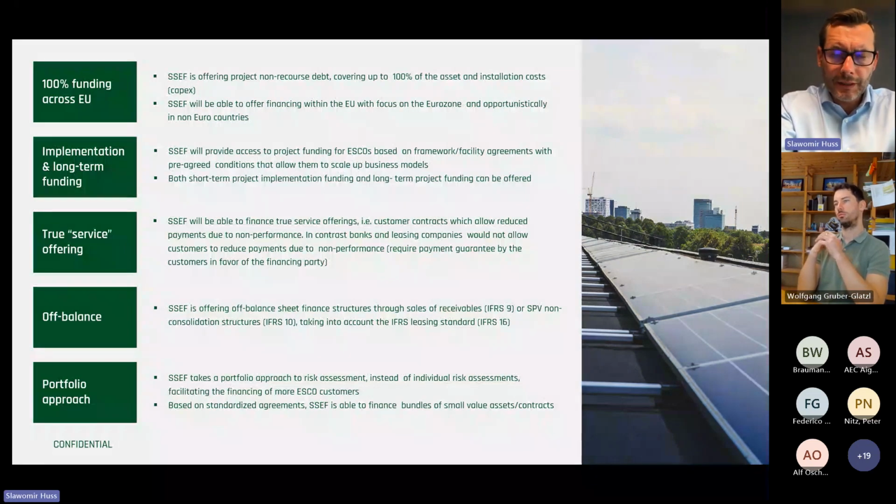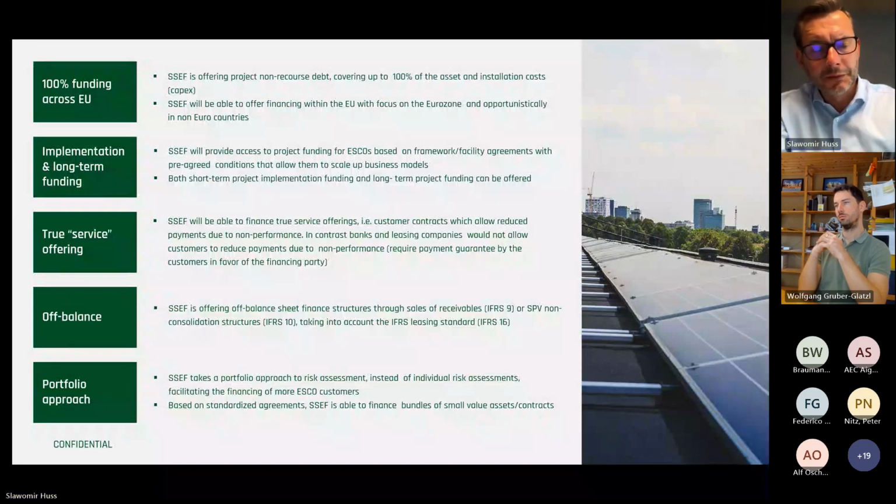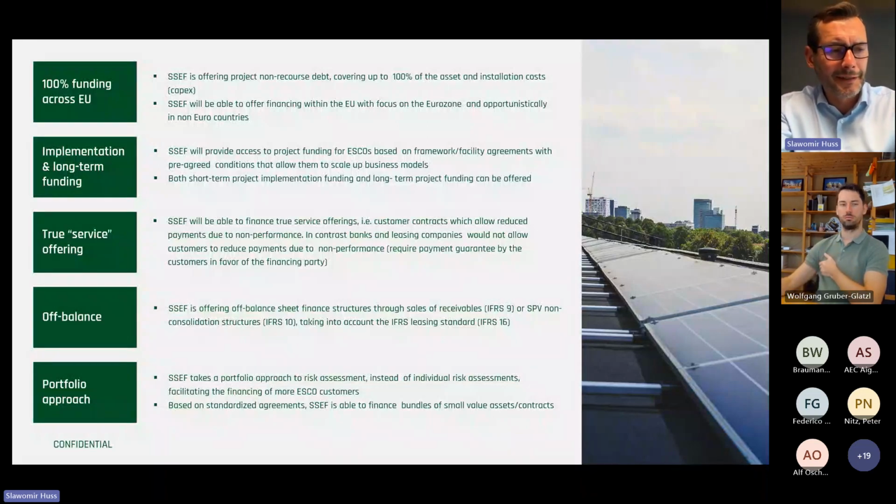We can also structure the solution IFRS off balance sheet. Obviously, the devil is in the details. For all of the listeners that have certain experience with IFRS, you know very well how difficult it is and how judgmental IFRS is.